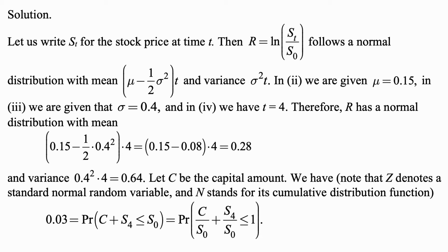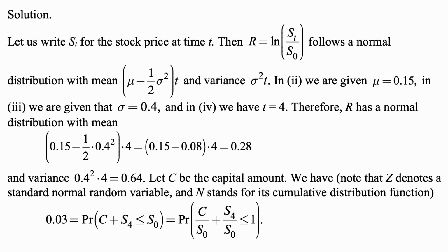In the problem we are given that mu is 0.15 and also that sigma is 0.4 and that t is 4. Therefore R has a normal distribution with mean 0.15 minus 1/2 times 0.4 squared times 4, and that's 0.15 minus 0.08 times 0.4, which is 0.28, and variance of 0.4 squared times 4, which is 0.64.